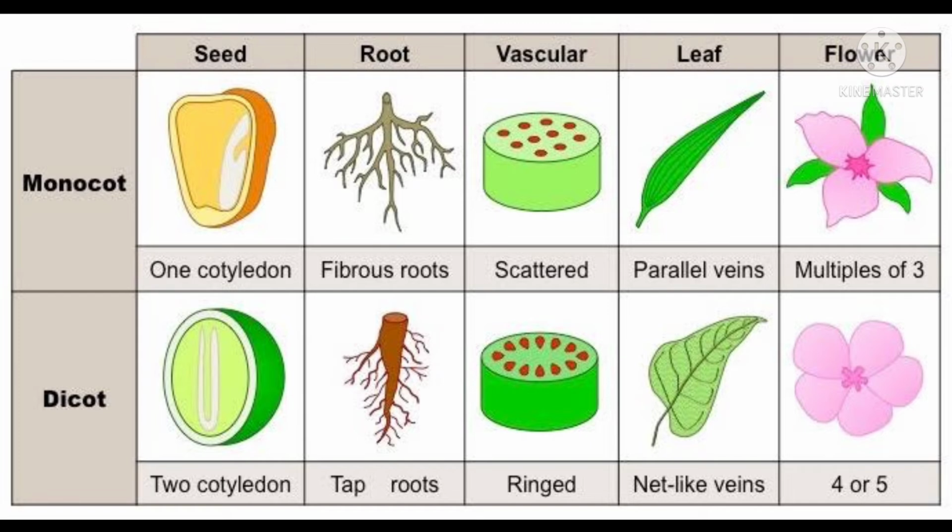Monocots and dicots are not differentiated only based on the cotyledons, which is the basic character. Other than that, the root and the petal arrangement in flowers are a few characters on which they can be differentiated.